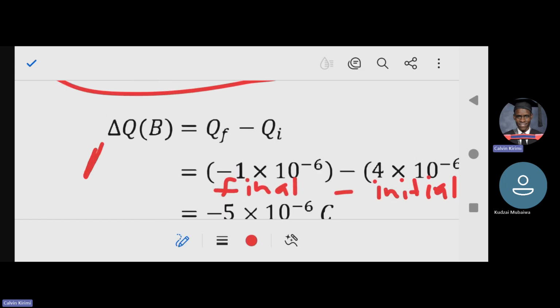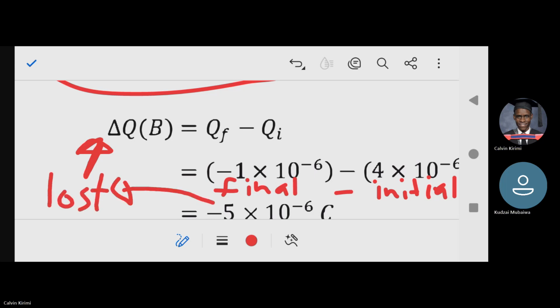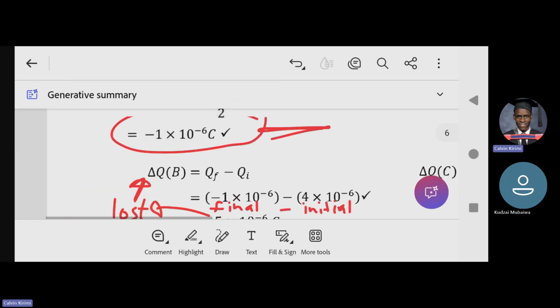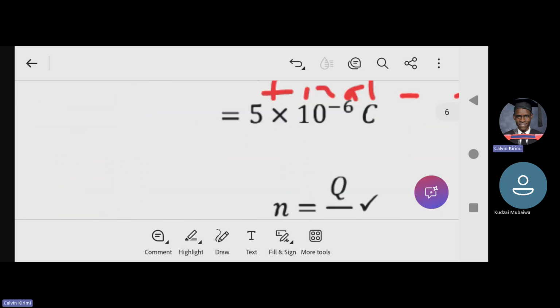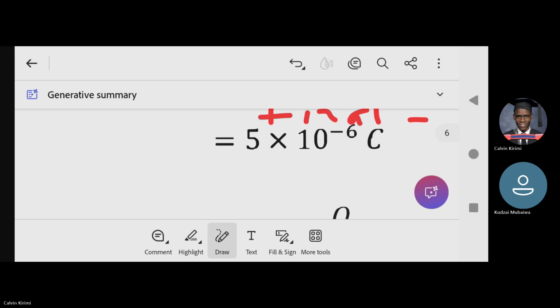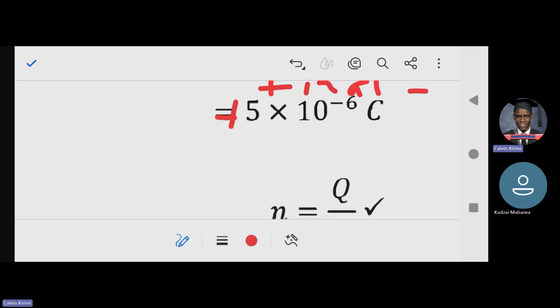What change? Either a gain or a loss. So this one lost what? Electrons. That's why there's a negative. And this one gained electrons. There's a plus there. All numbers are positive. That's why this one did not lose, but gained.